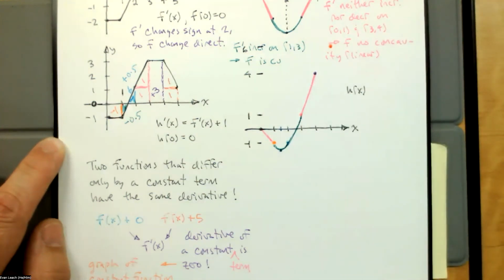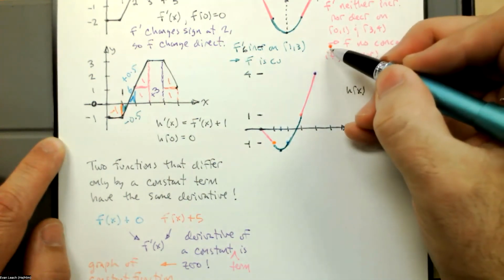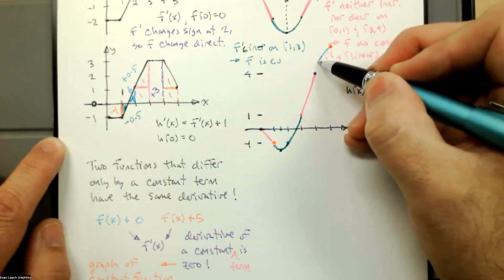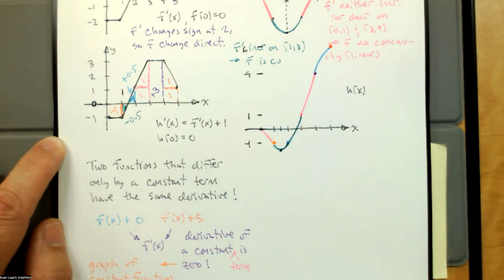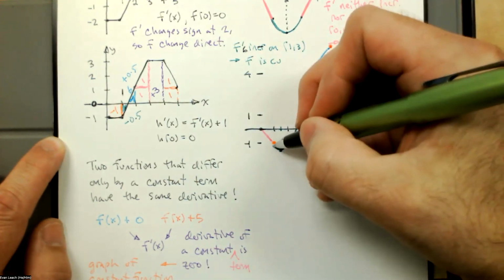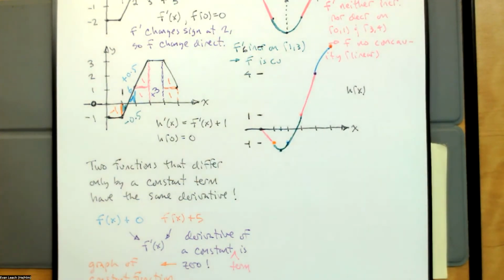And I still want to be concave down from 4 to 5. But the amounts of increase and decrease are very different because I moved the derivative. Any questions?